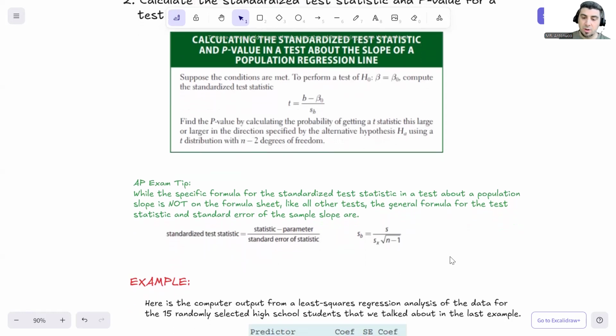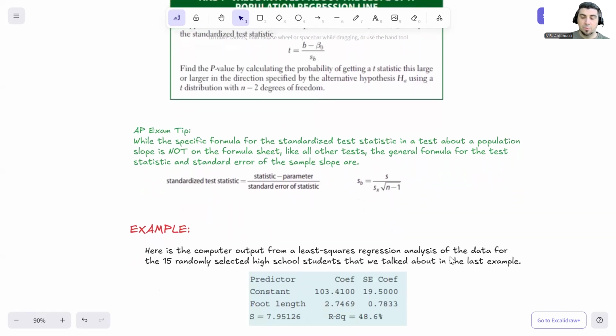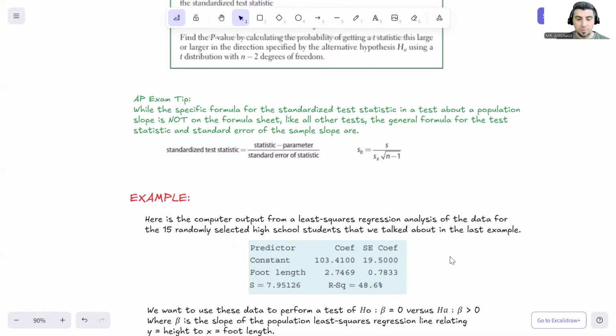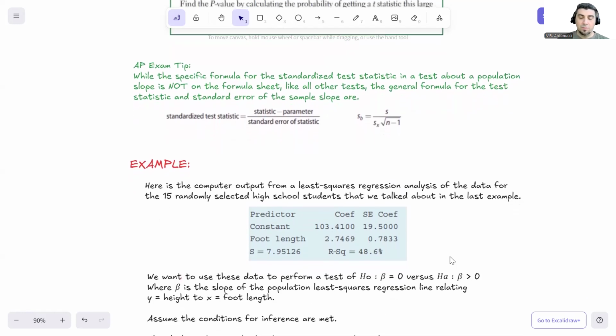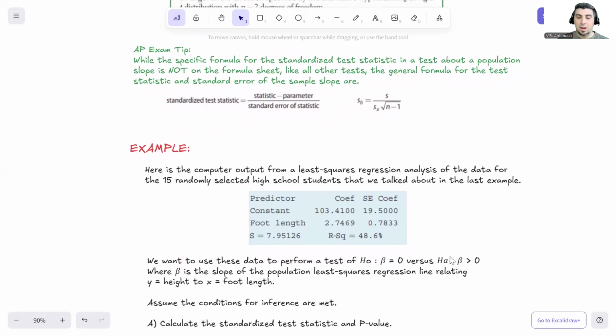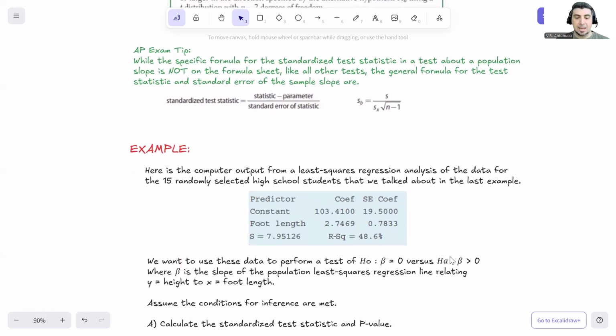So here's an example. This is the foot problem from the last video, and we want to use the data to perform the test. So if we assume the conditions are met and we want to calculate the test statistic and p-value.